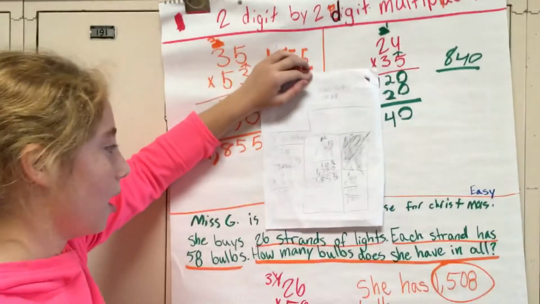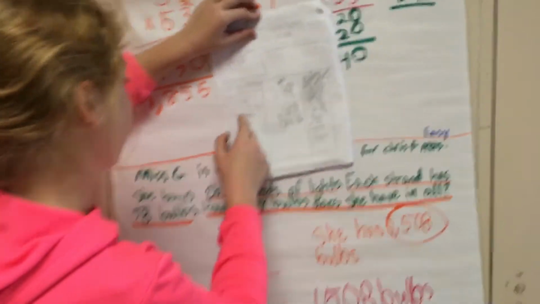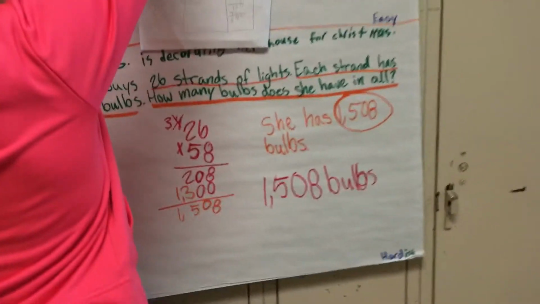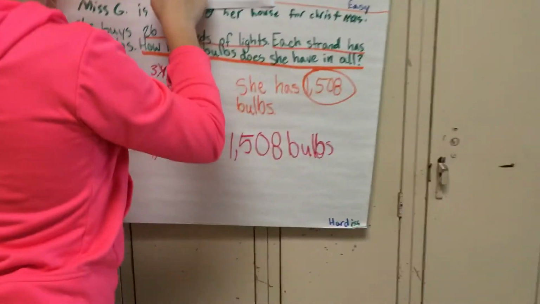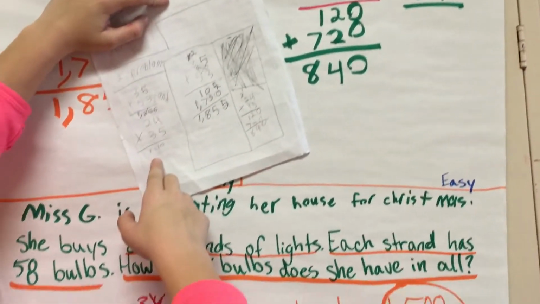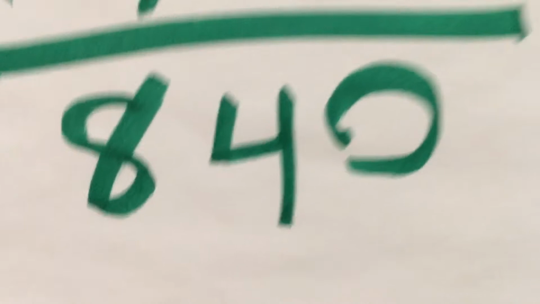35 times 53 is going to be 1,855. We got that correct? Yes. Now, 24 times 35. We did that. I got 840 for this. And you can see, because we got it there, and there.